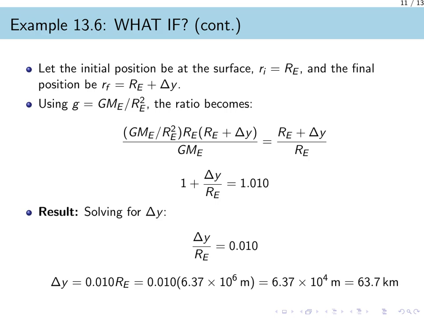Subtracting 1 from both sides shows that the ratio of delta y over r sub e must be 0.010. Multiplying this by the Earth's radius gives us a final height of about 63.7 kilometers. So the familiar formula, mg delta y, is accurate to within 1% for altitudes up to roughly 64 kilometers above the surface.